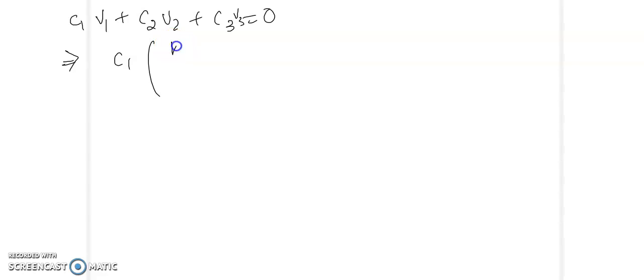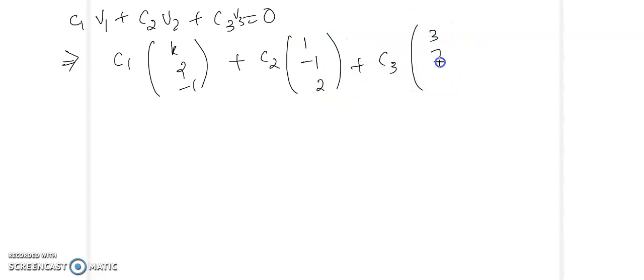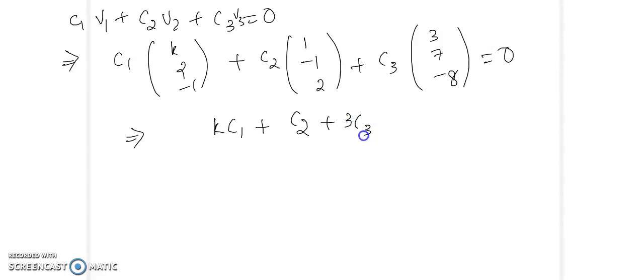So let us first write down the equation C1 V1 plus C2 V2 plus C3 V3 equal to 0. So that gives C1 times k, 2, minus 1 plus C2 times 1, minus 1, 2 plus C3 times 3, 7, minus 8 equal to 0. So that implies we get the equation kC1 plus C2 plus 3C3 equal to 0.